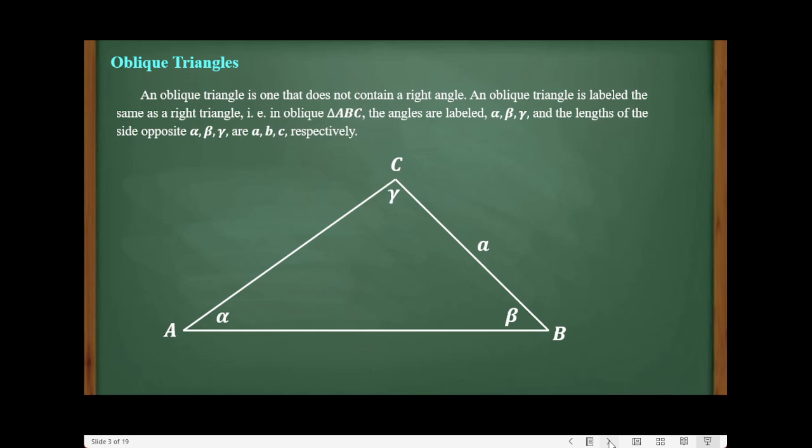The side opposite angle alpha is side small a, the side opposite angle beta is side small b, and the longest side, opposite the angle at C, which is angle gamma, is side small c.